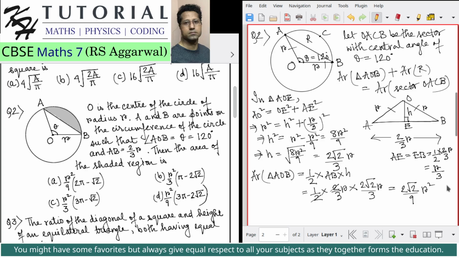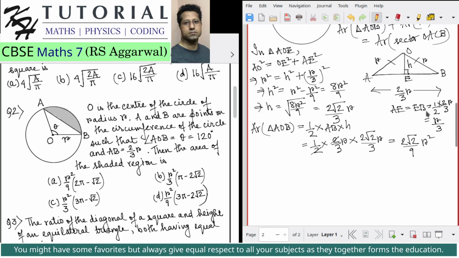Okay, now to find the area of the shaded region R, we need the area of the triangle AOB and the area of the sector OACB. Now what is the area of sector OACB? We know the formula to find the area of a sector.